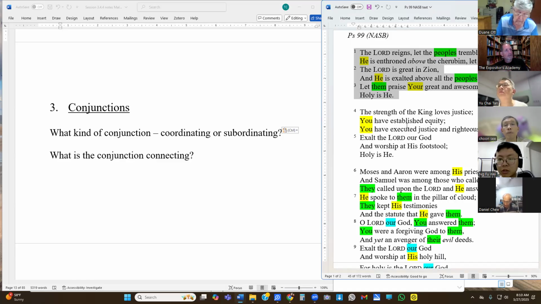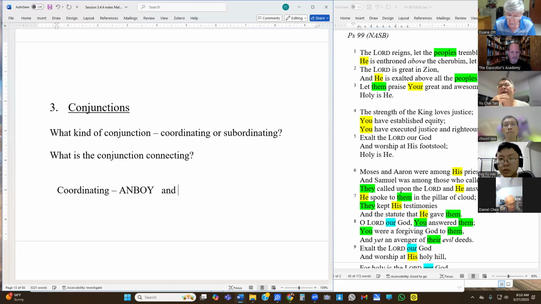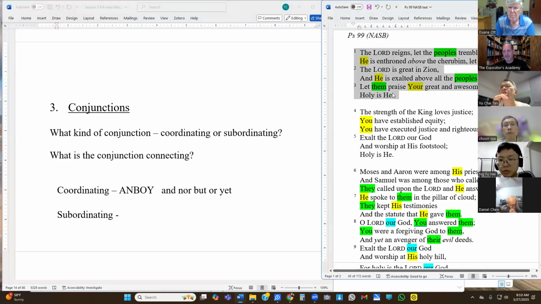Remember, probably should pull that up. Let's just see. If you remember, we have the coordinating. That was the and boy, which was and, nor, but, or, and yet. You see any conjunctions here?